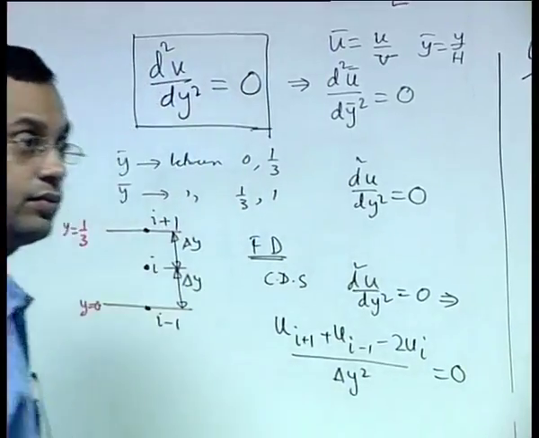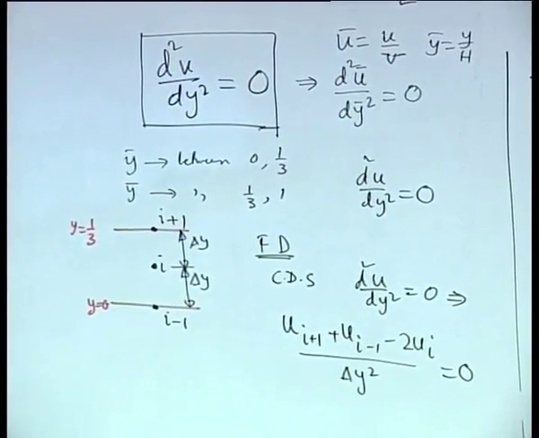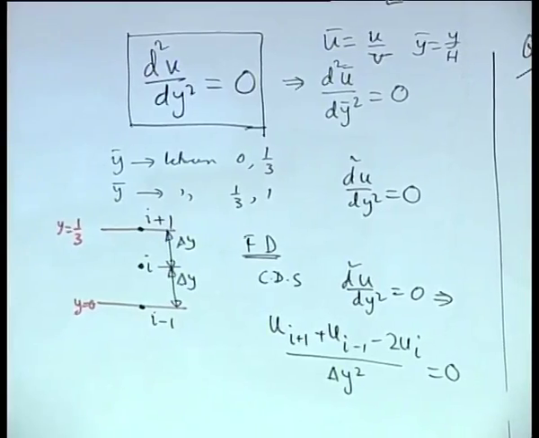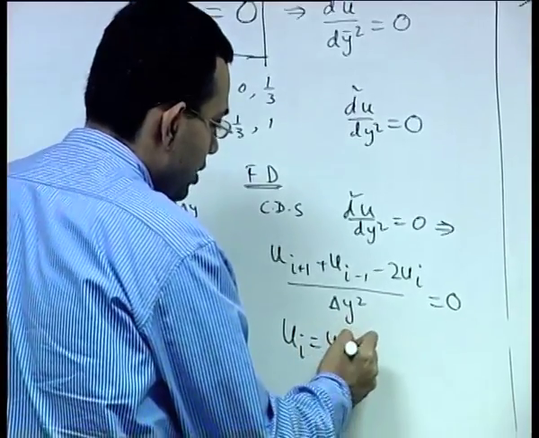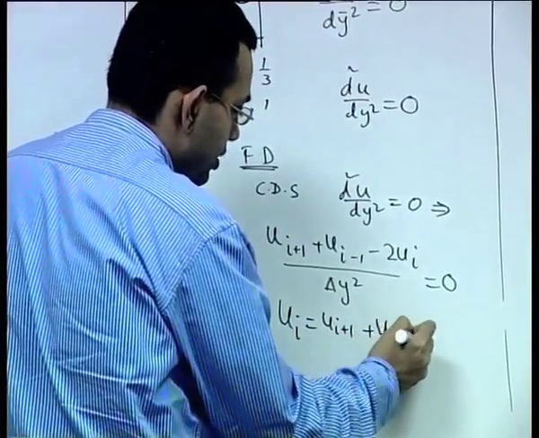This is 0. So, u I is u I plus 1 plus u I minus 1 by 2.